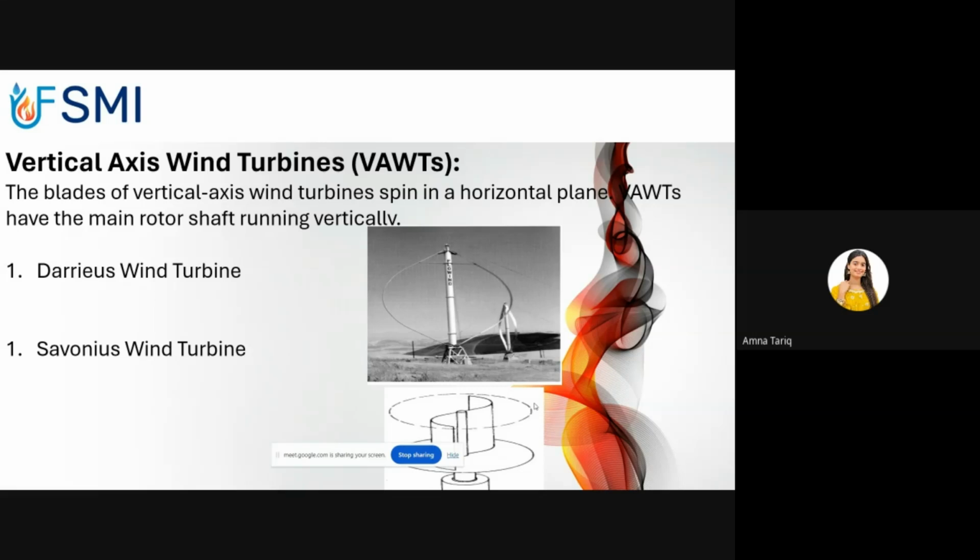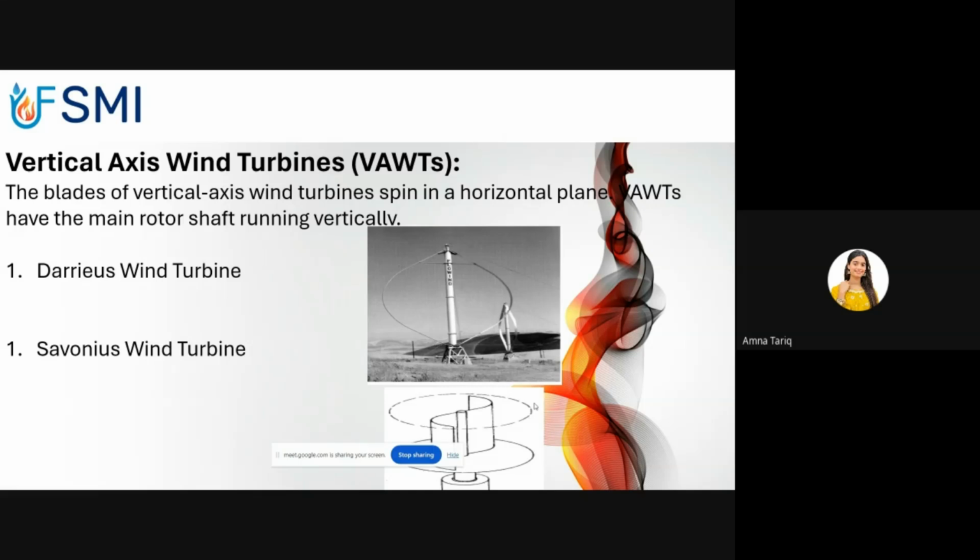In the newer designs, three or more blades are used, which results in a high solidity for the rotor. Solidity is measured by blade area over rotor area. New Darrieus type turbines are not held up by guy wires but have an external structure connected to the top bearing. So this is a Darrieus wind turbine.